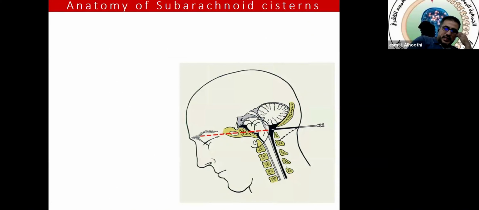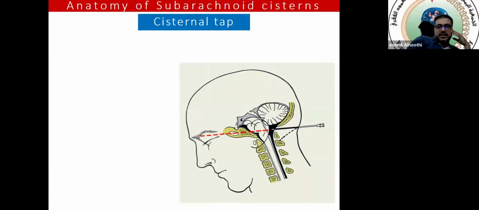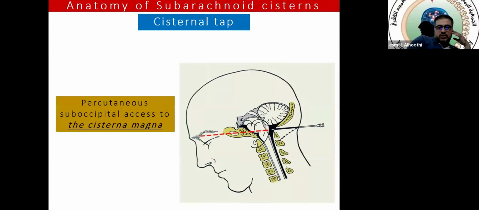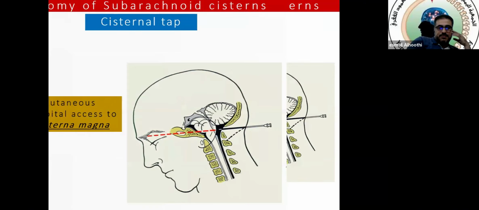There is surgical, anatomical and practical importance of the cisterna magna in the cisternal tap. If we want to take a CSF sample in an approach other than the lumbar puncture, we can take it from cisternal tap, which is a percutaneous suboccipital access to the cisterna magna.